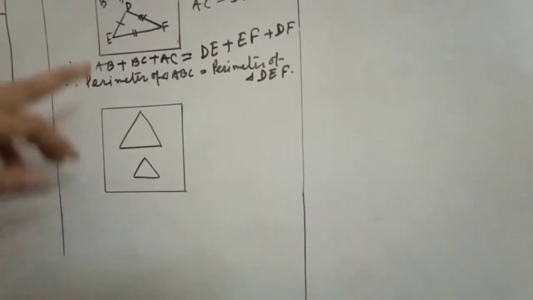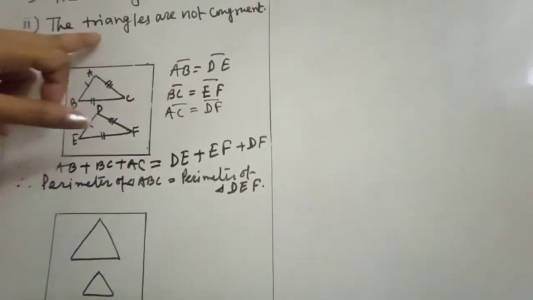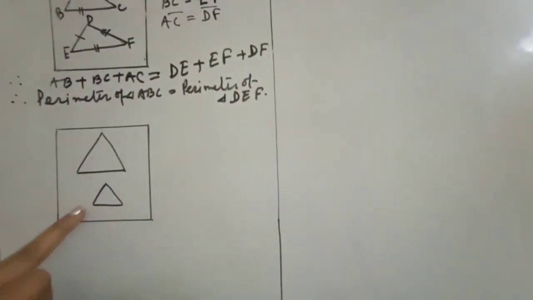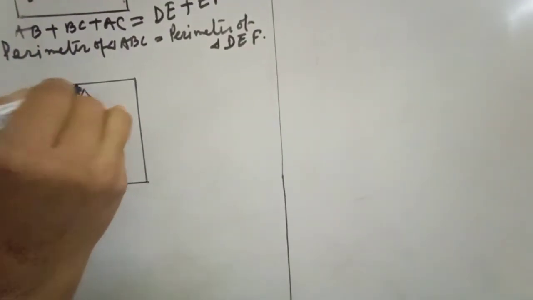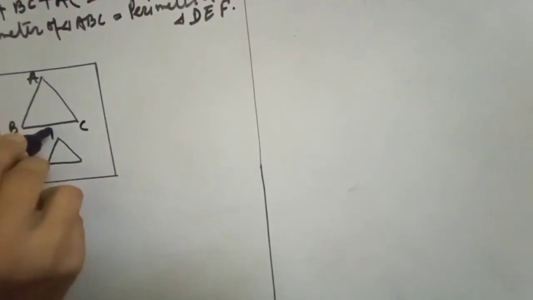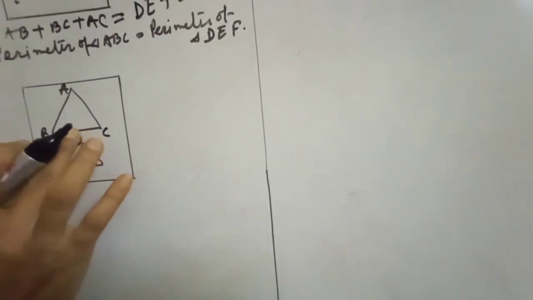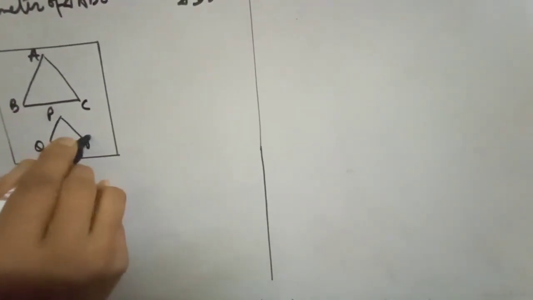Next question was, the triangles are not congruent. When the triangles are not congruent, take this picture. Say it is triangle ABC and this is triangle PQR.